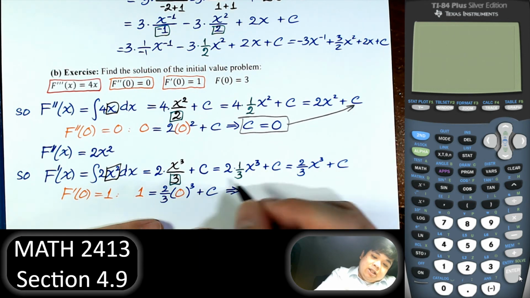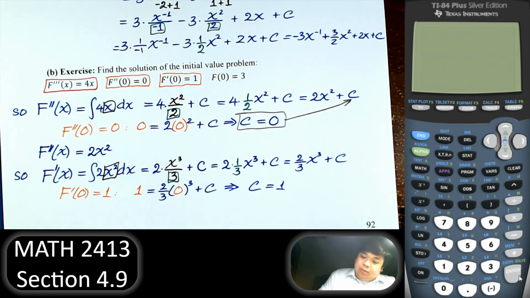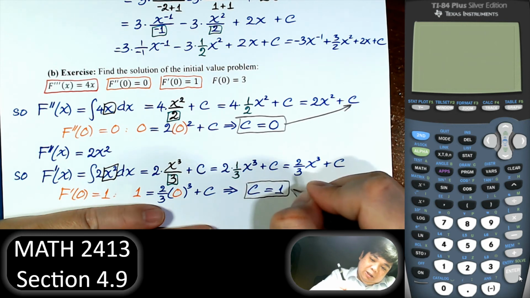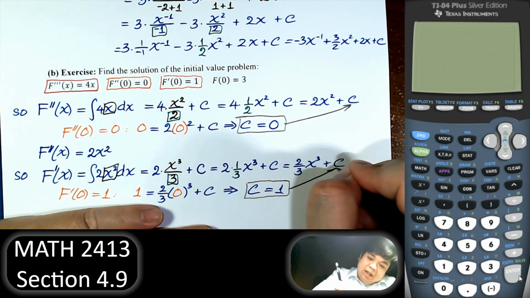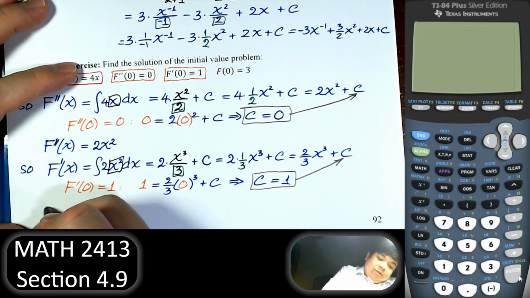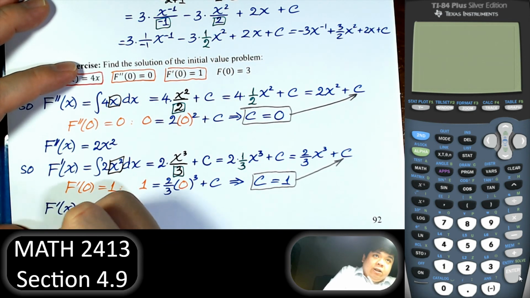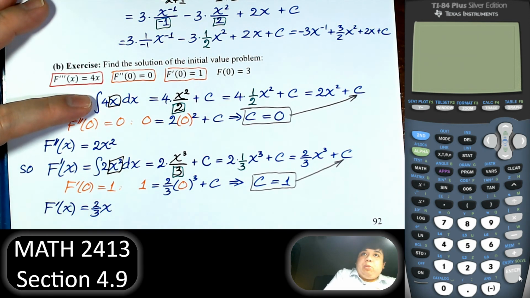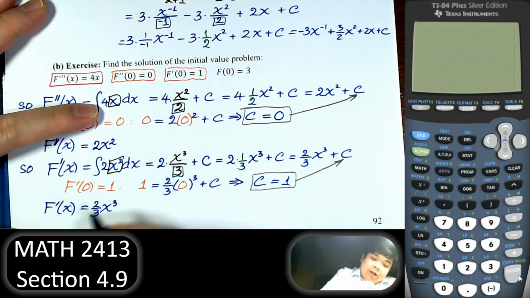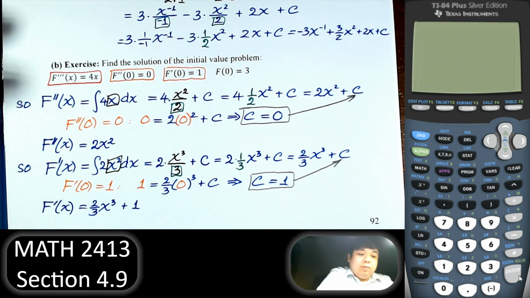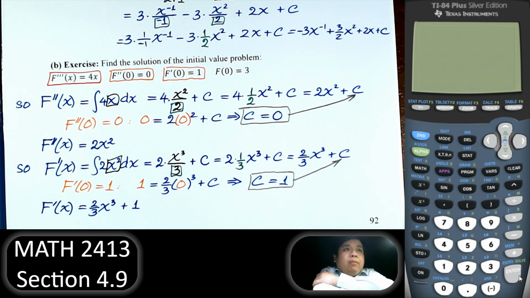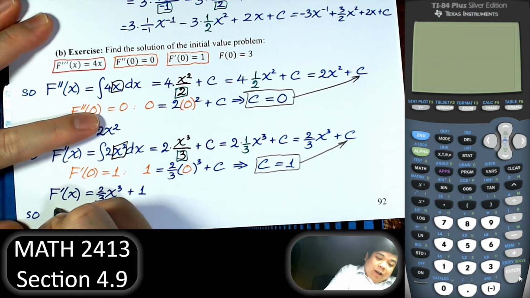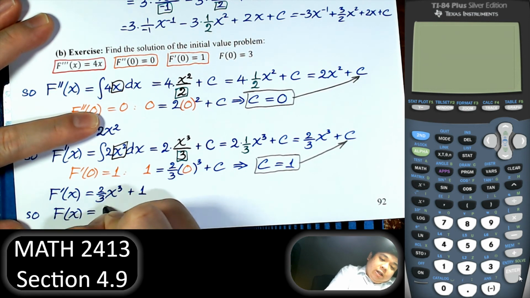So that cancels out and c equals 1. Substitute that in here. So we have the derivative is equal to 2 over 3 x cubed plus 1. Right? And we'll do one more step to undo the derivative. To get back to the function, we integrate.